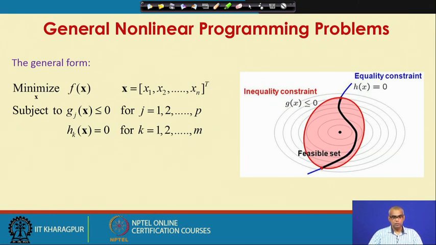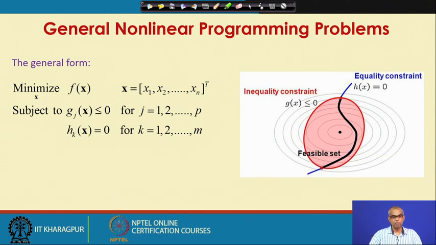So, this is how we will express a general nonlinear programming problem. The objective function f(x) is a function of n variables. So, x is an n-vector, it has components x1, x2 up to xn.